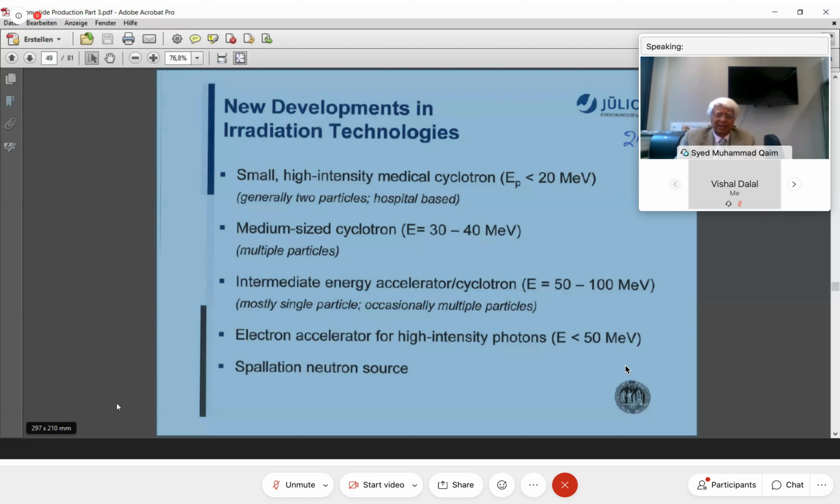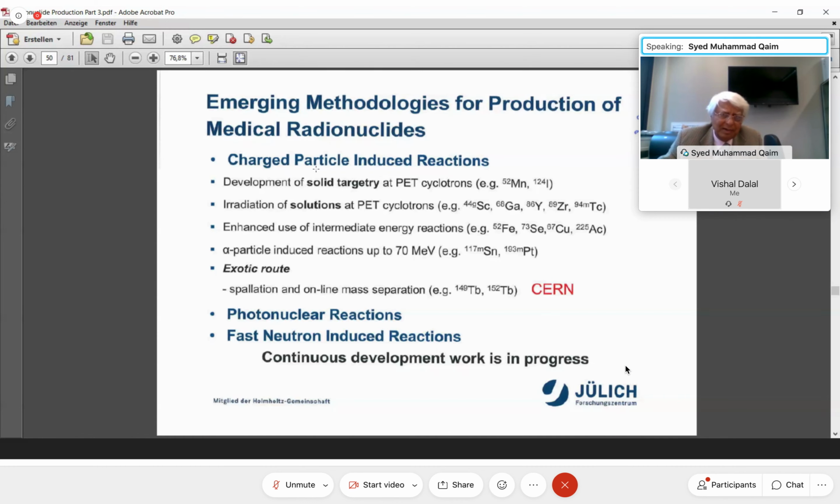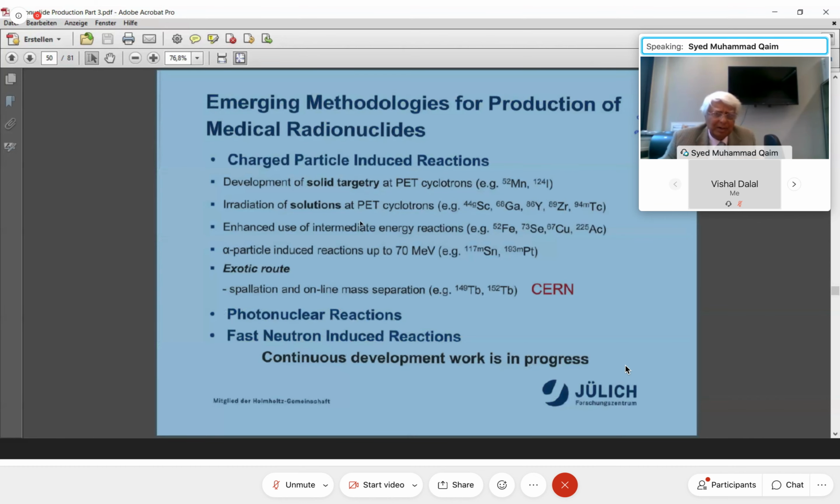Let us see now how the production technology is developing. Production technology, I've told you briefly. Charged particle induced reaction, I've talked of solid target, which is mostly solid material at PET cyclotrons. There is also the solution target for production of PET isotopes.